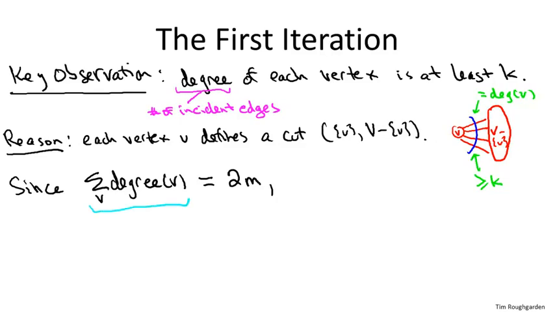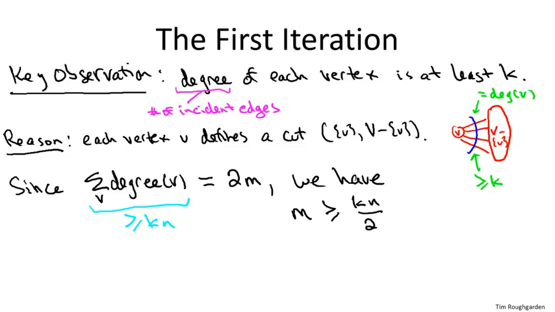Now, in this graph that we have at hand here, every degree is at least k, and there are n nodes. So this left-hand side, of course, is at least kn for us. So therefore, if we just divide through by 2 and flip the inequality around, we have that the number of edges has to be at least the size of the crossing cut, or the degree of every vertex, times the number of vertices, divided by 2.